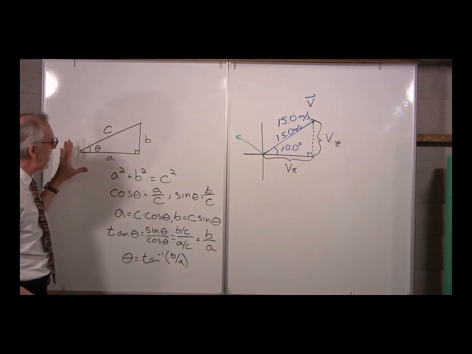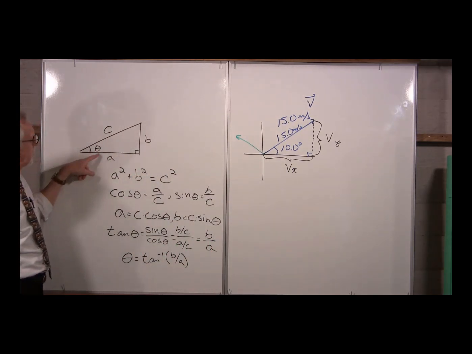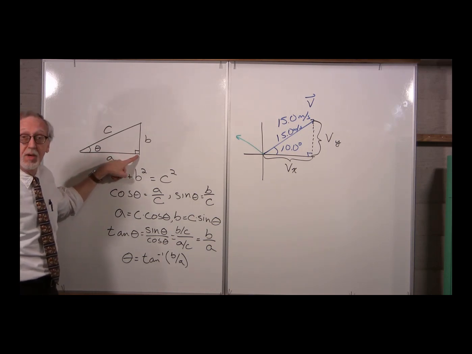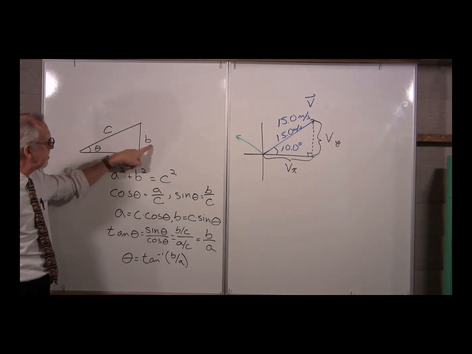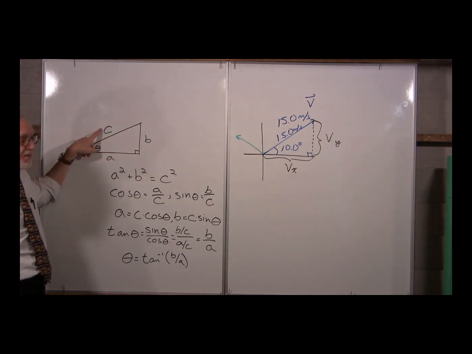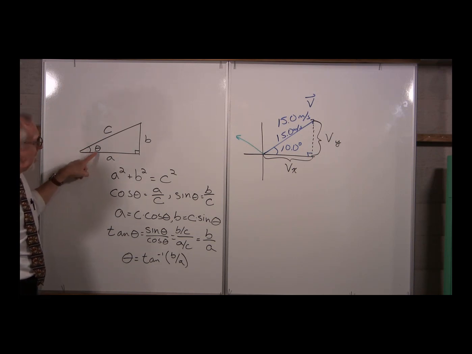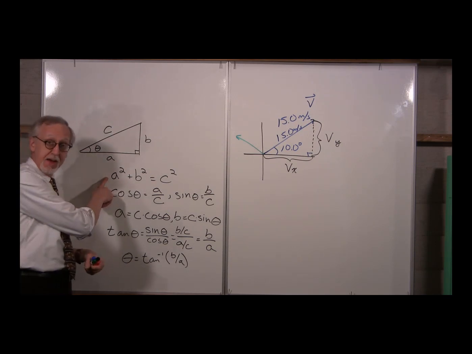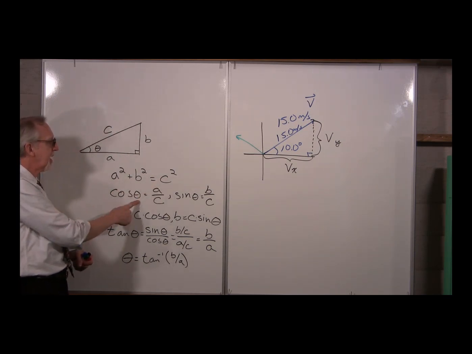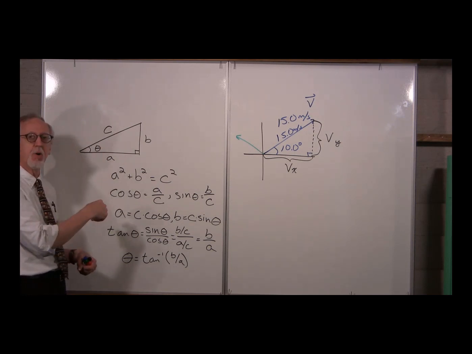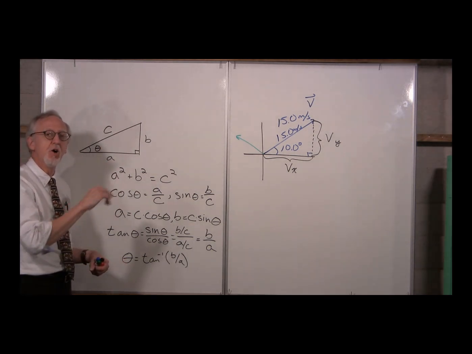Let's imagine we've got a right triangle here. A right triangle means a triangle with a right angle. And the sides are A and B, the hypotenuse is C, and let's imagine we know one angle, theta. Well, we know the relationship between the sides and the hypotenuse, the Pythagorean Theorem, a squared plus b squared is c squared. The cosine of an angle is always the adjacent side over the hypotenuse.